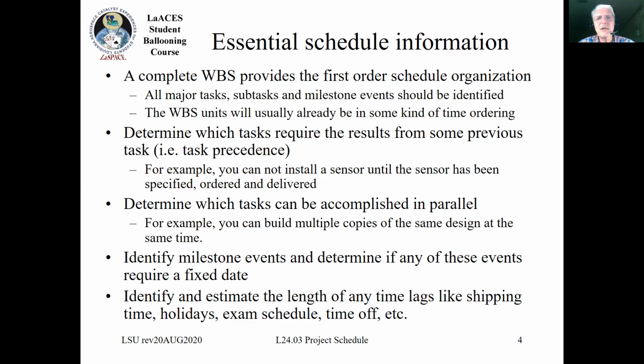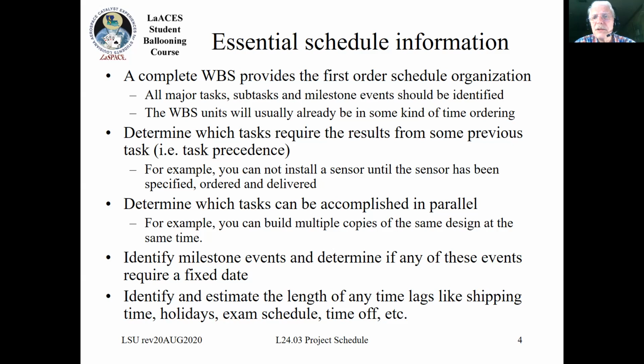When you're producing this schedule, there's a certain amount of required information. You've got to organize your WBS. There's a first level of organization that you have to determine and identify. You have to get all of your major tasks, subtasks, and milestone events identified. Once you put these things into a WBS, you're already in some kind of a time ordering, quite likely, in there.